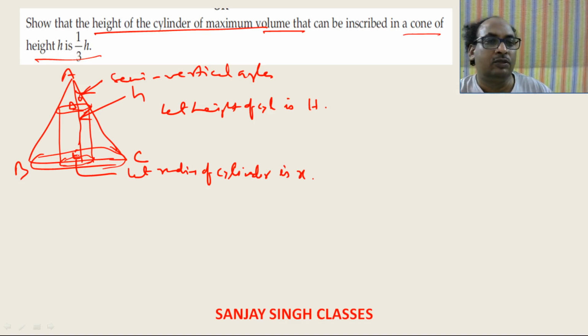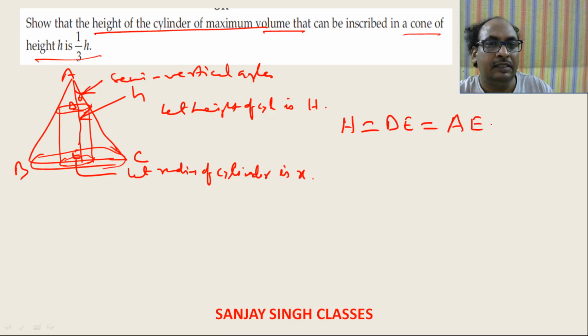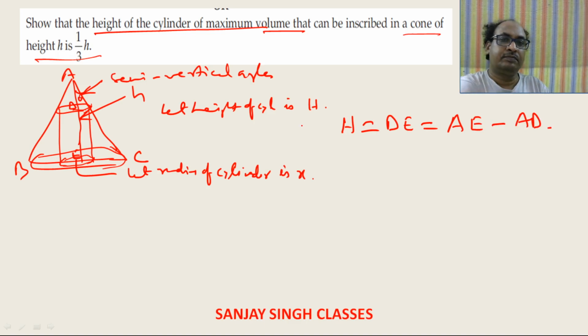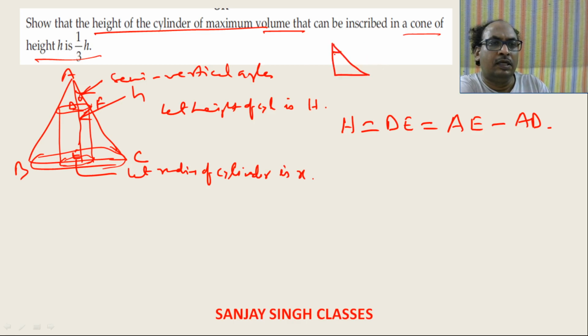So it means the height of the cylinder H, which is DE, can be found as AE minus AD. From the triangle, suppose it is F, with angle theta at A, and points A, D, F. So from the triangle ADF, we need to find AD.